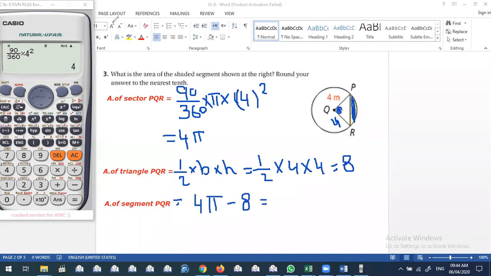So we need to answer to the nearest tenth. So 4 shift pi minus 8, 4.6, because 6 is strong. Approximately 4.6.